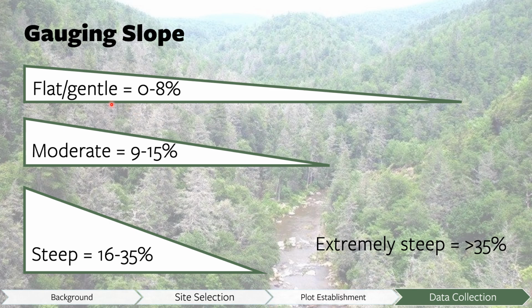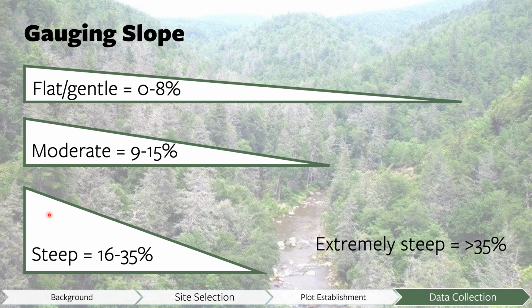is that about 5% slope is going to be about when you start to feel just a little tiny bit of tension, like in your ankles. So if you're just starting to feel that, or it's less than that, you might decide to put flat or gentle slope. A moderate slope is going to be a little higher, so it's going to be more than just a slight tension in your ankles and hamstrings.